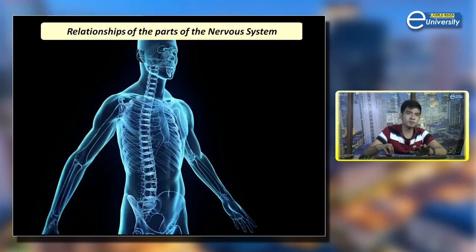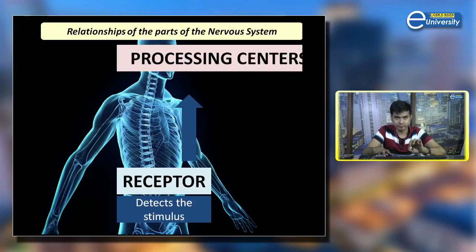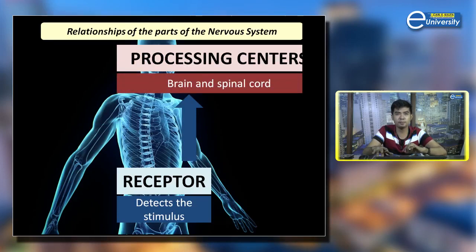What are the relationships of the parts of the nervous system? We have the receptor. Receptors are the nerves that detect the stimulus. As the receptor detects a certain stimulus, it will send electric impulses to the processing center, also called the brain, together with the spinal cord.